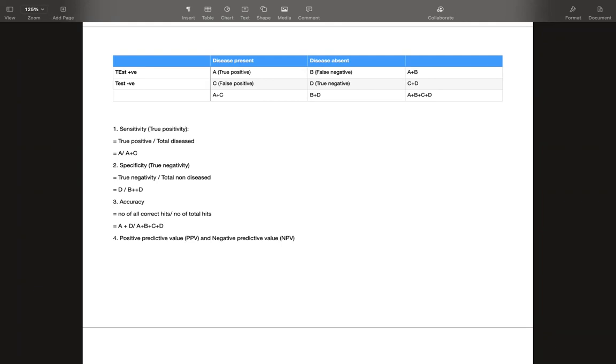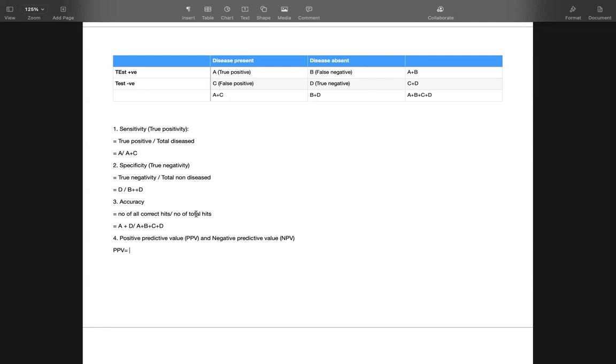What is positive predictive value? It gives you the information about the chance of having the disease if tested positive. And for the formula, you will always extract it from this table, so you should have this table in your mind.